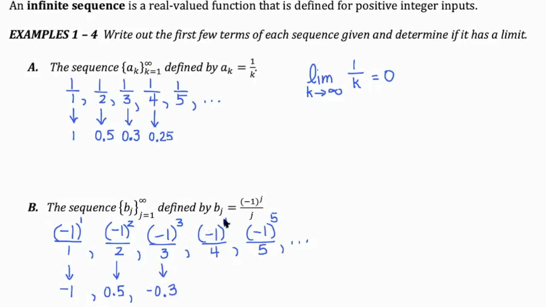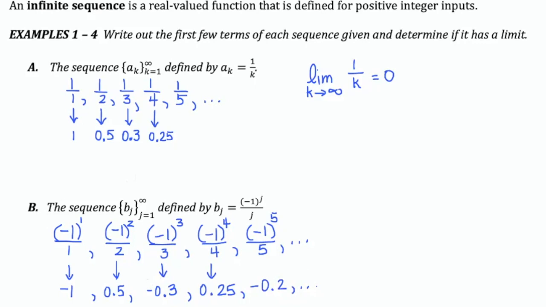And then -1 to the 4th power will again be positive. So now we have +0.25. And finally, -0.2. And what you can see, the only difference between part A and part B is that the signs are alternating on every other term.